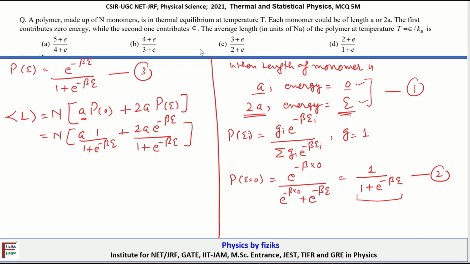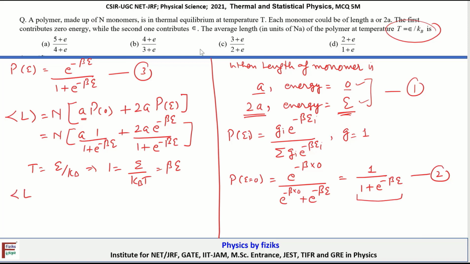Here we are given that T is equal to E upon k_B, which implies 1 is equal to E upon k_B T, that is equal to beta E. So we can replace beta E with unity in this expression.